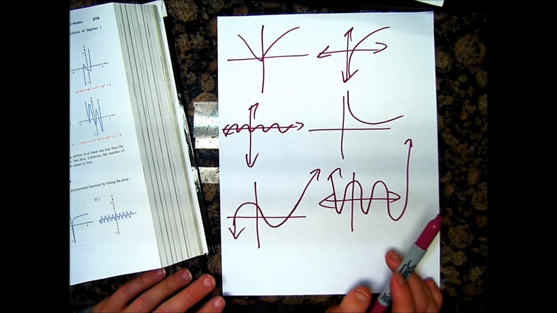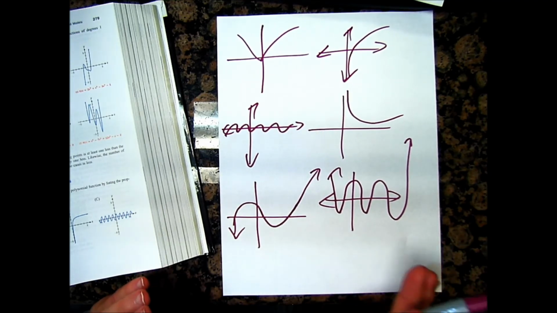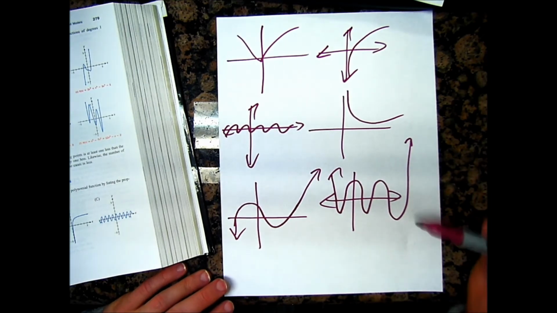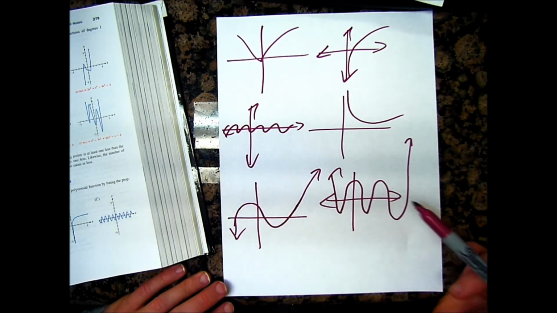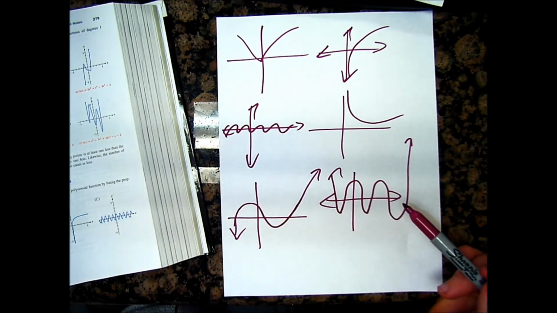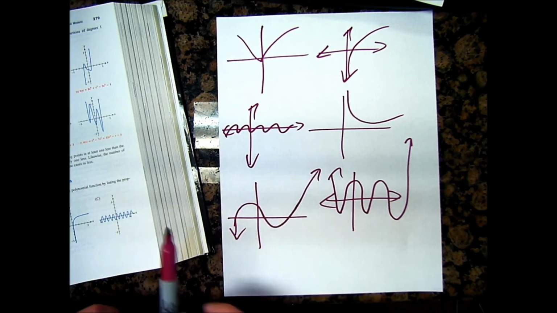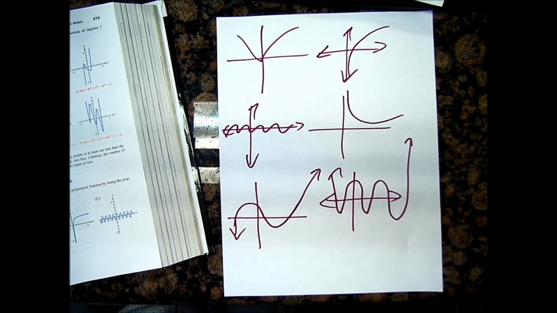A polynomial has to have an end behavior that goes either all the way to positive infinity or negative infinity on both sides, and it must extend all the way through the x-axis.